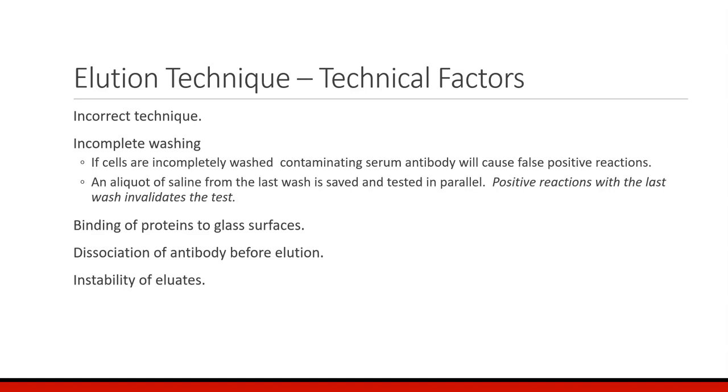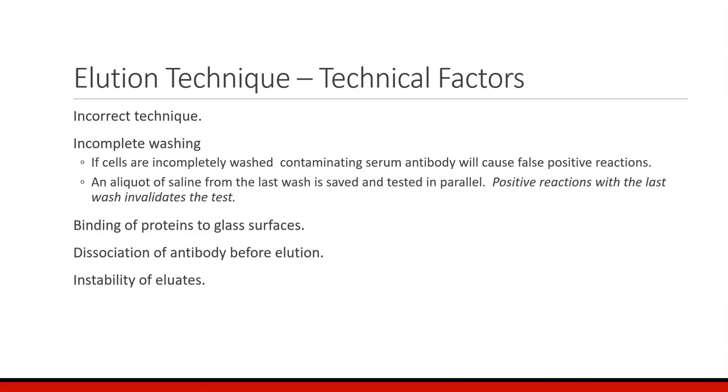It finally got to the point that I got a large plain red. I put the 20 drops of cells in there. I washed it 10 times. And I learned to test my last wash first. I still had a positive last wash control. But at that time, it mattered not. We knew what we were dealing with.